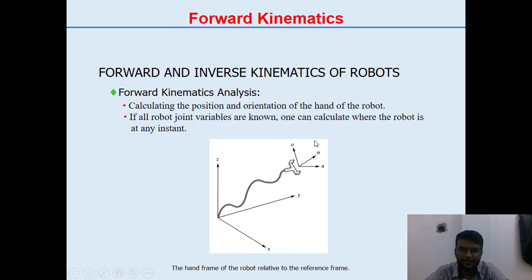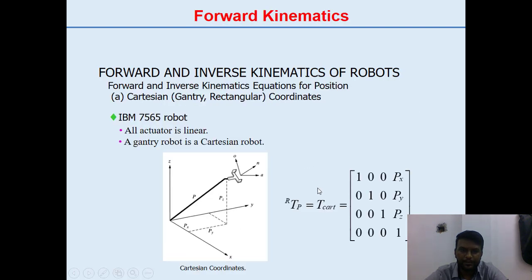Next, here there is a different configuration. We can have different configurations of the robot and the frame is attached. Right here, this is our frame n, the three coordinates n, a, o, just like xyz axes, you can call it xyz or whatever you prefer.